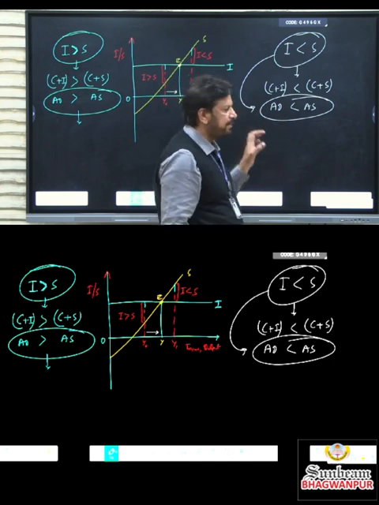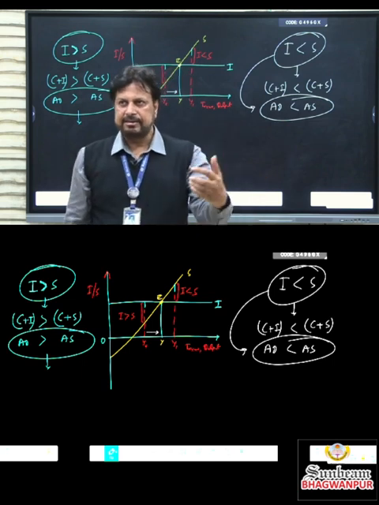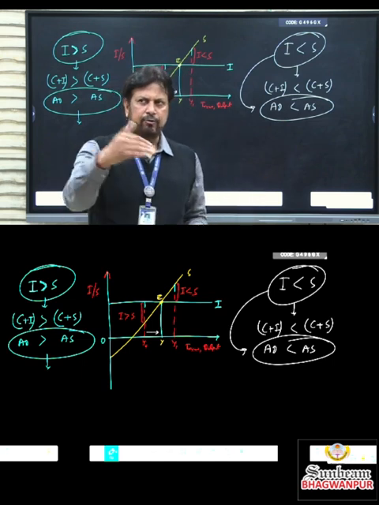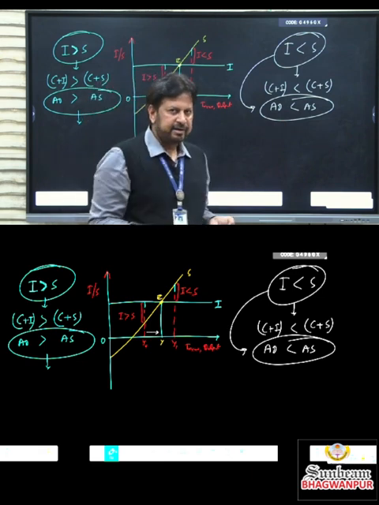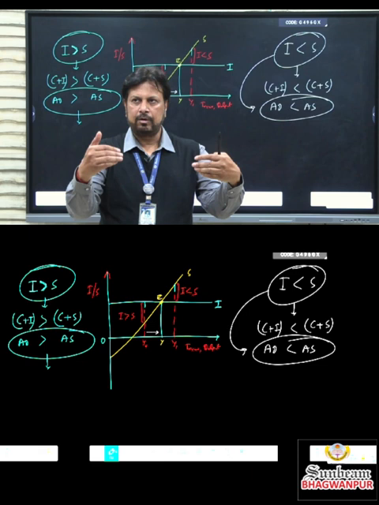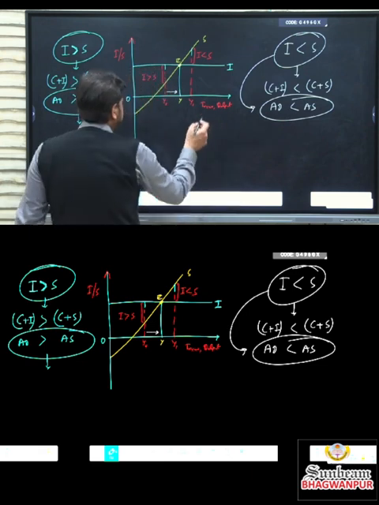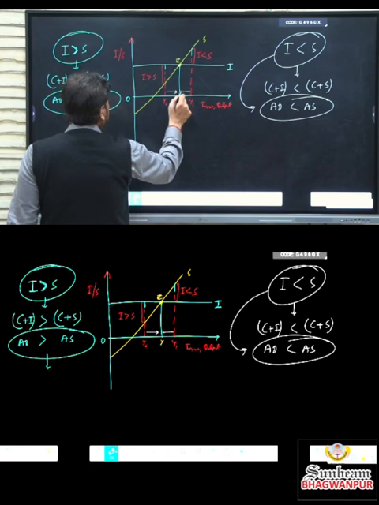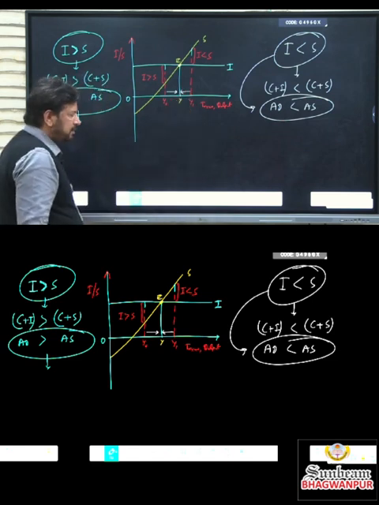And we know what happens in the case of AD less than AS. When aggregate demand is less than aggregate supply, there is accumulation of unintended inventories. So to cut their unintended inventories, firms plan to cut production. When firms plan to cut production, there will be a fall in income and output in the economy till I equals S.